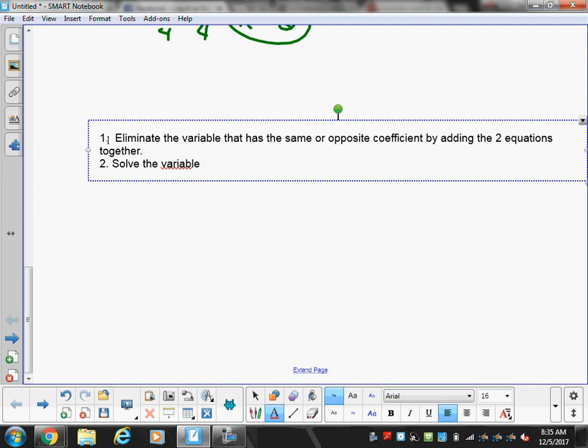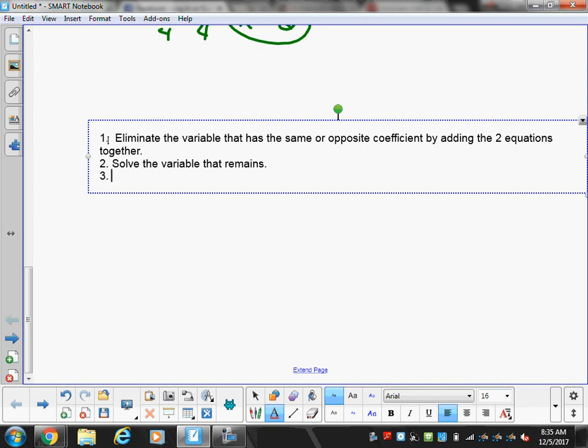Solve for the variable that remains. 3. Use the value for that variable to plug into the original equation and solve for the remaining variable.